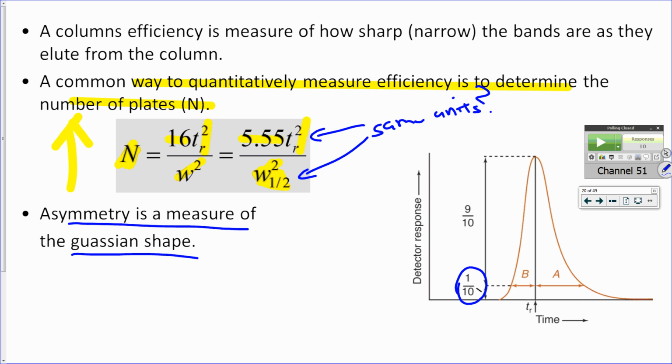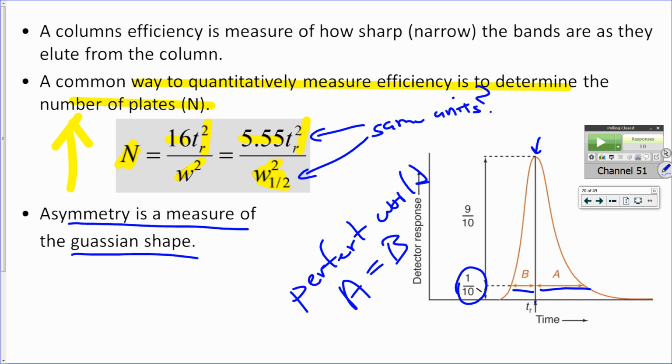So I take the height of the peak and go to 10%, and I draw a line from the point of maximum signal and drop down, and then measure the width on the front side versus the back side. What we see on this one is that there's a lot more width at the back side than the front side. That's a peak we call tailing, and this is an indication of non-ideal conditions. So in the perfect world, it's perfectly Gaussian.